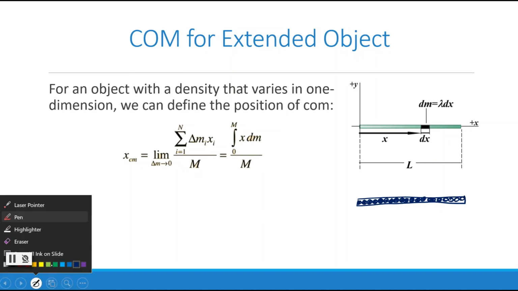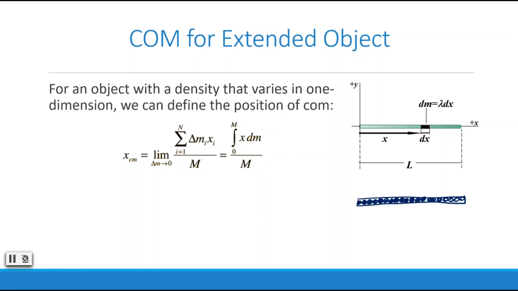So what you do is you set up a coordinate system. So we're going to define right here, this is going to be x equals 0. And then we pick an example section of this rod. So this section of the rod, I'm going to assume has an infinitesimally small amount of mass, which I'm going to call dm.